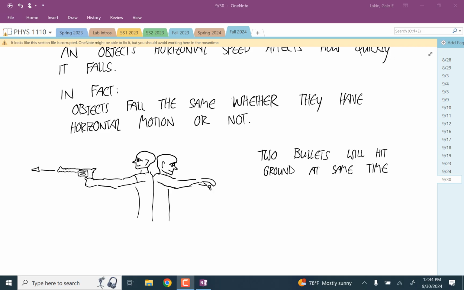But for example, one that I think people often think about is, well, wait, what about a Frisbee? That doesn't make any sense, because if you drop a Frisbee, it hits the ground way before if you throw a Frisbee horizontally. But that's because of air interaction. The Frisbee is designed to stay in a shape that gives it a little bit of lift as it goes.